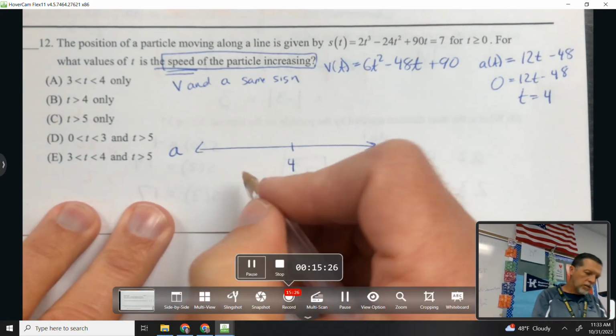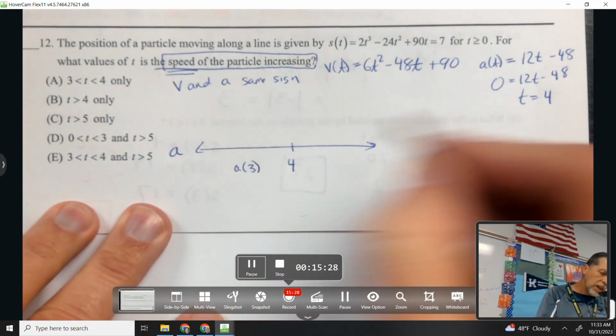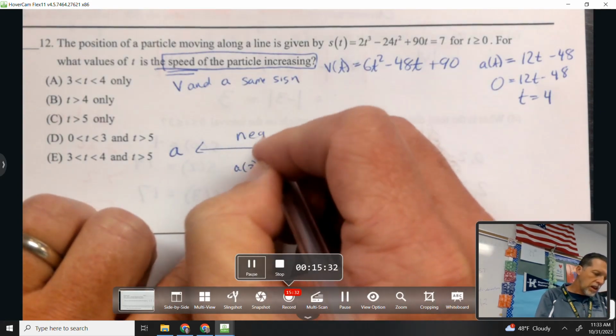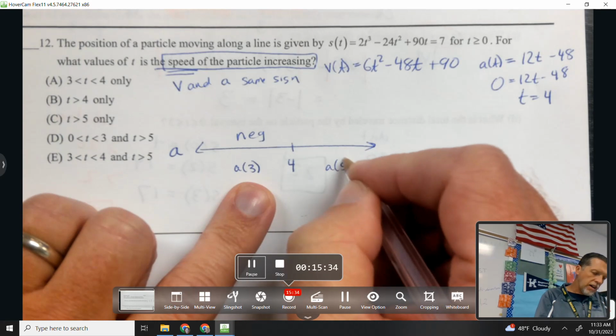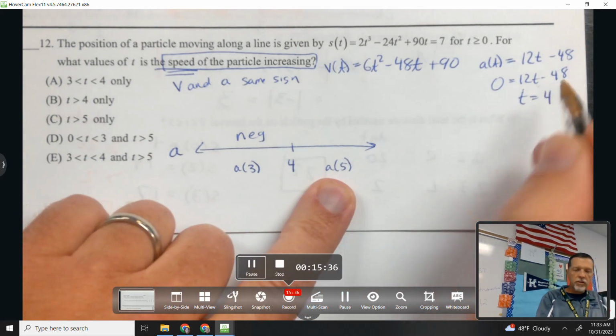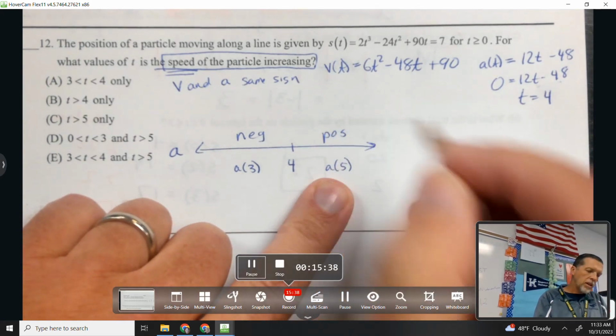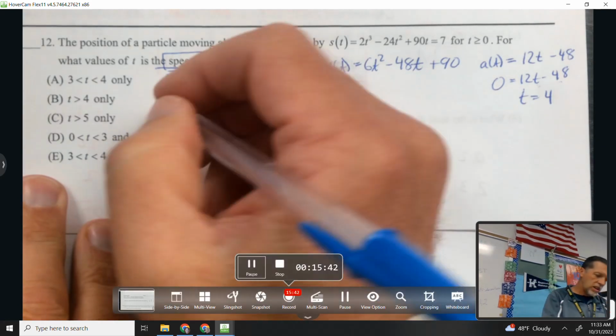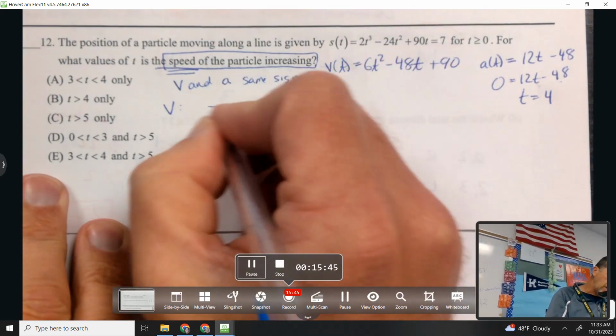So if I plug in 3, I get a negative number. And if I plug in 5, 12 times 5 minus 48 is a positive number. So there's my acceleration picture. I also need a velocity picture.